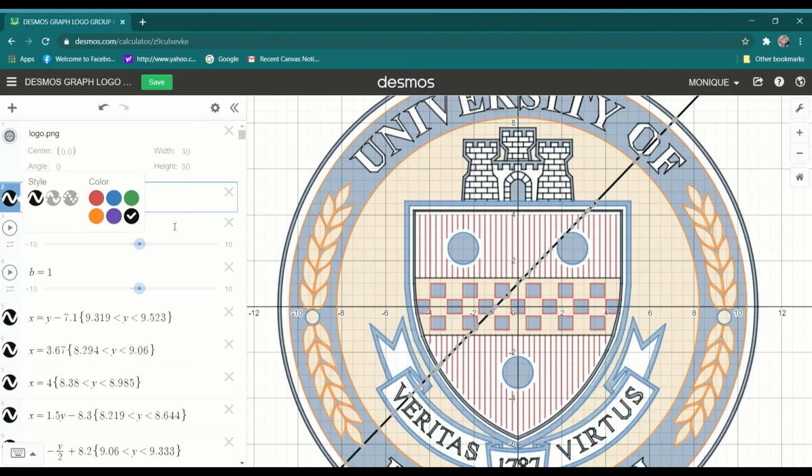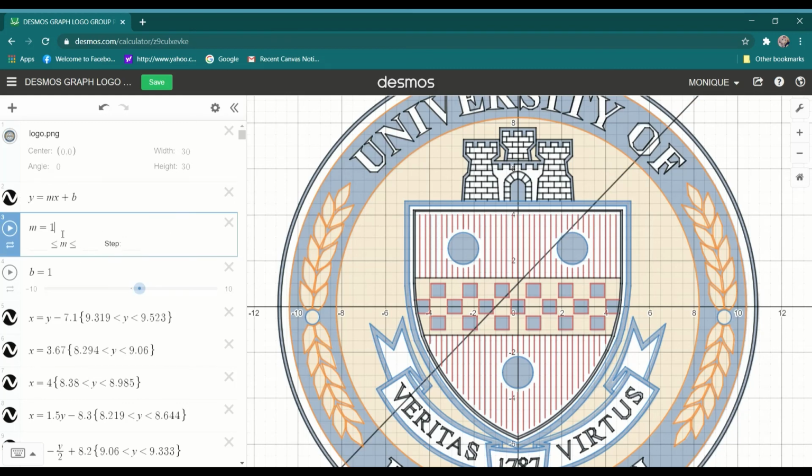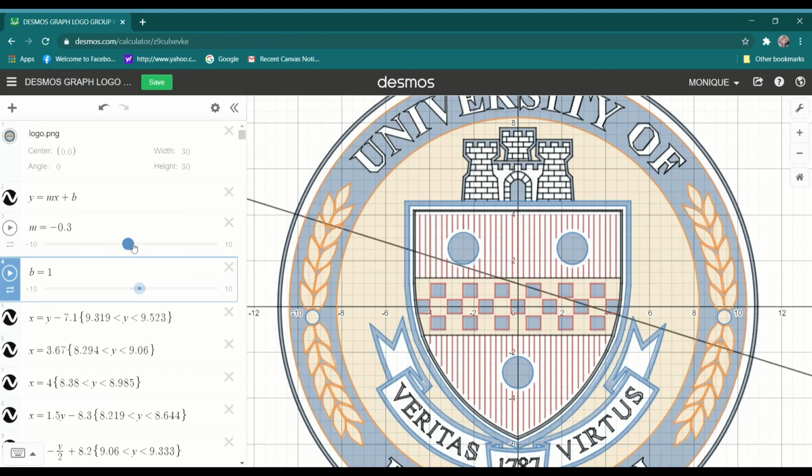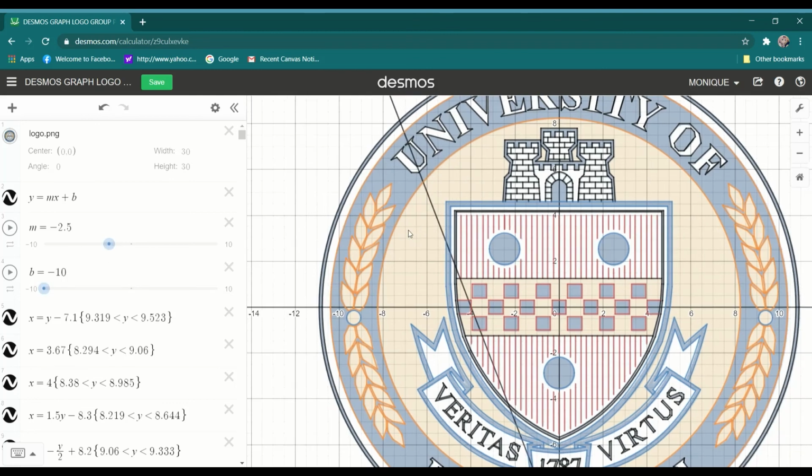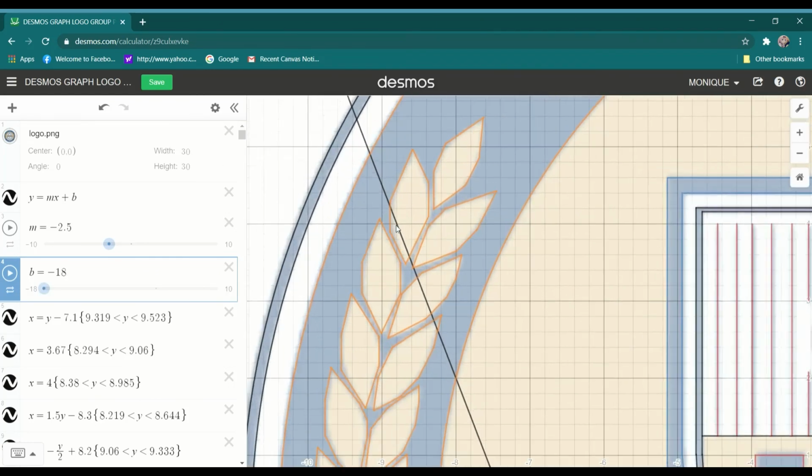Then okay, since m equals 1, we're going to move it. Let's see, it rotates. Then okay, let's guess this is it, and then let's move it to the leaves. So let's change this to 17 or 18. Okay, 18. See how close it is.